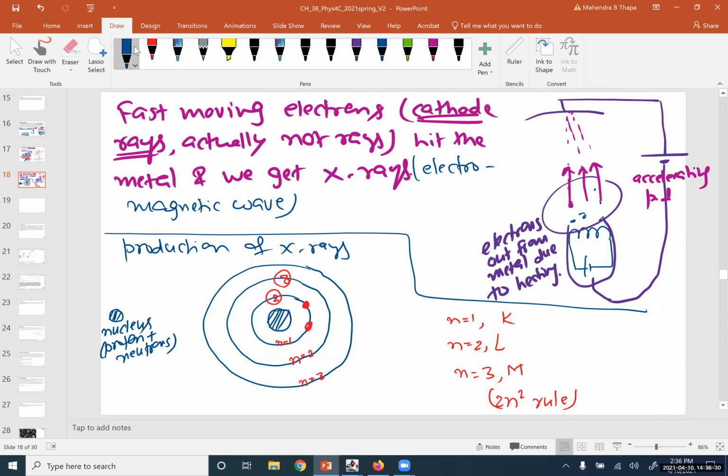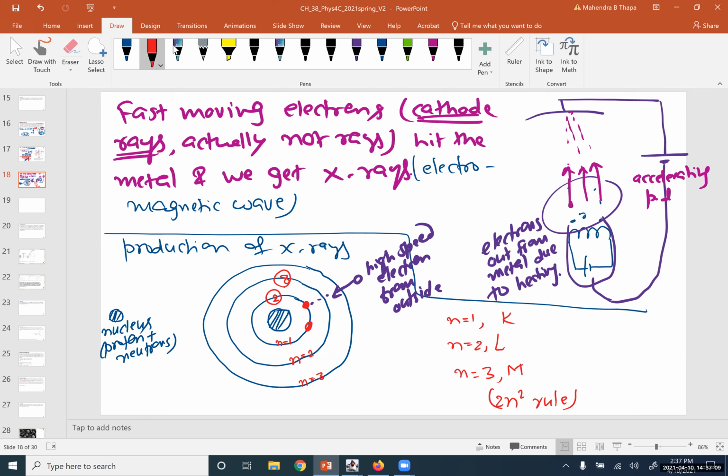Then what could be possible is that a high speed electron can hit those electrons. So we have this electron with high speed from outside hit that electron, and because of that, this electron will go to a higher energy level.